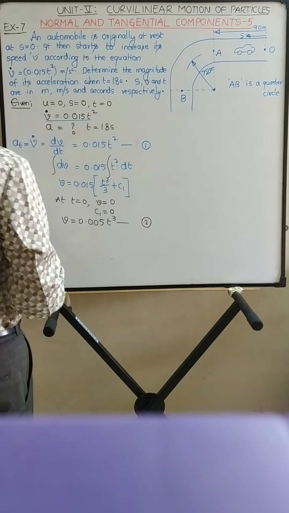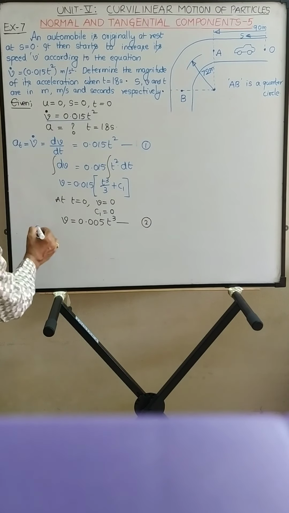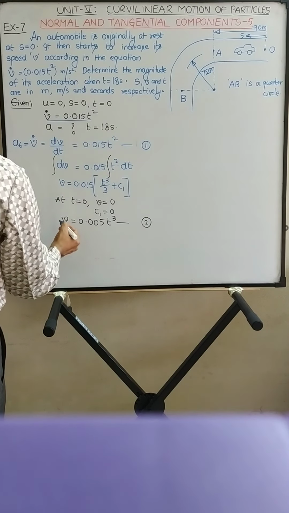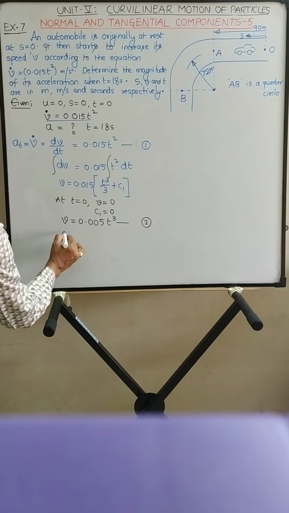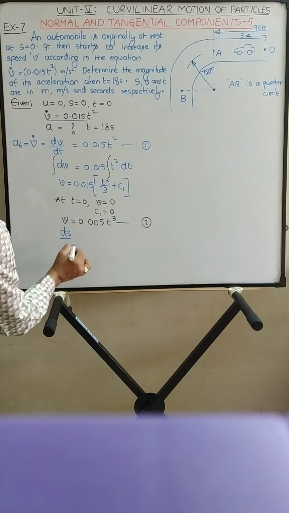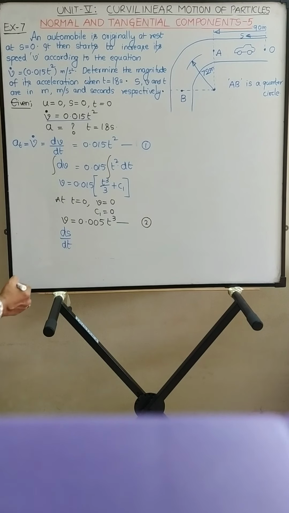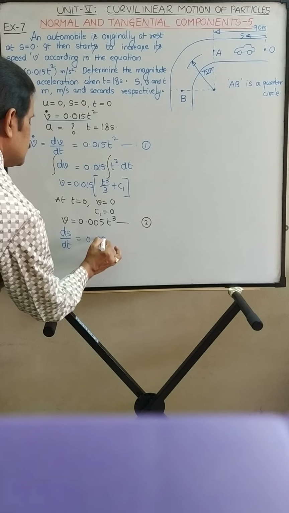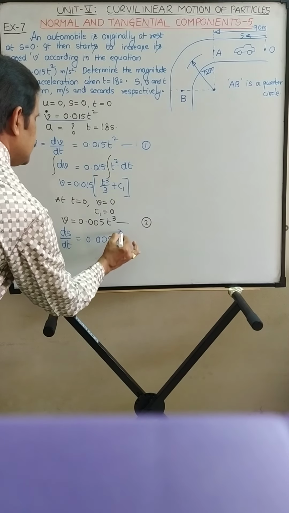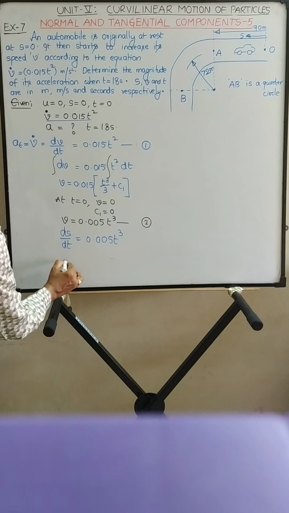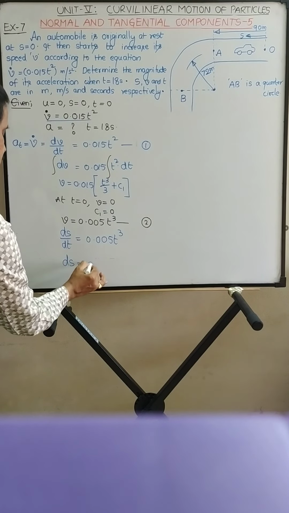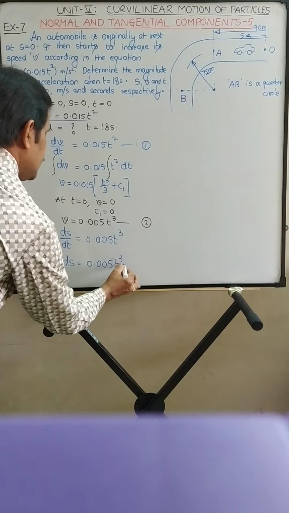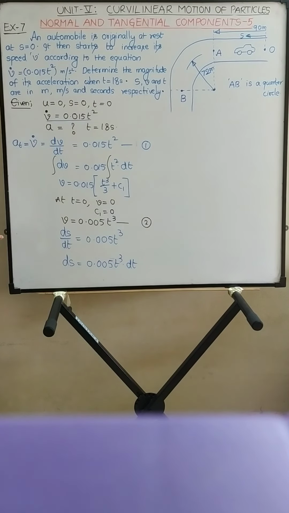Okay. Now at t is equal to 18 seconds, you have to find out the position. So now v is equal to ds by dt, right? v is equal to ds by dt, which is equal to 0.005 t cube. Now ds is equal to 0.005 t cube into dt.